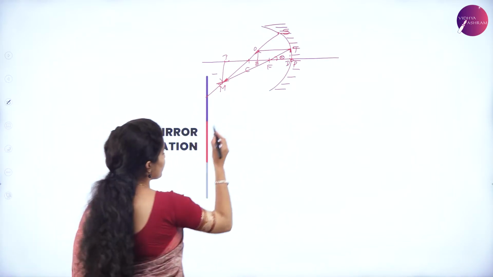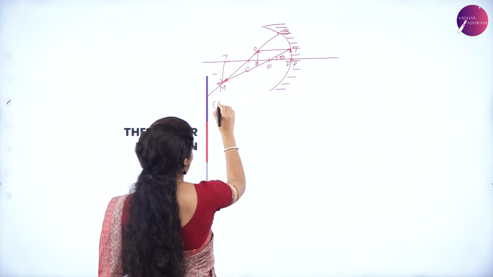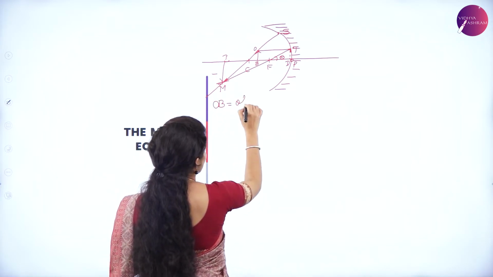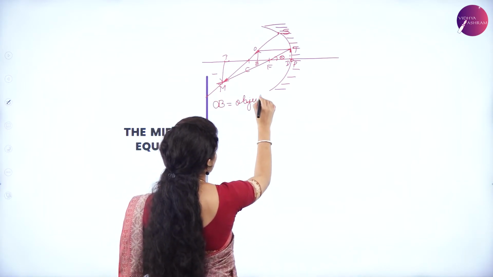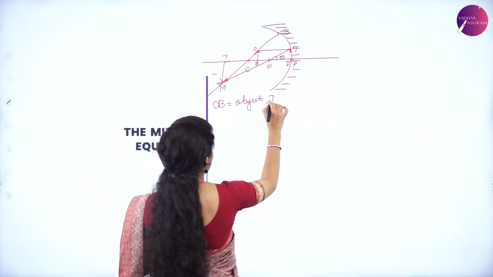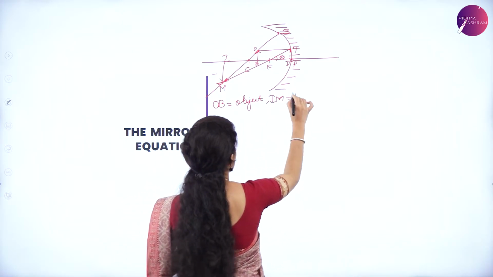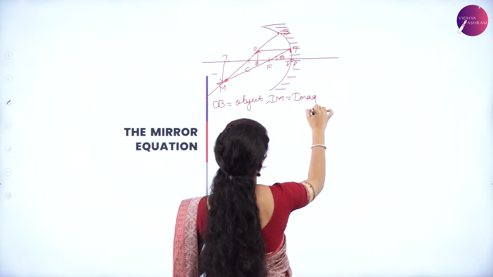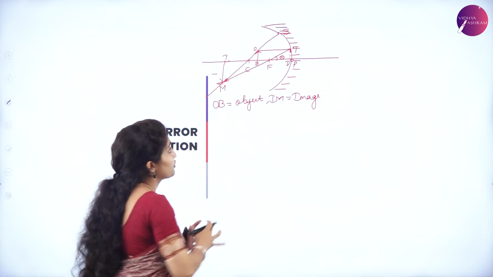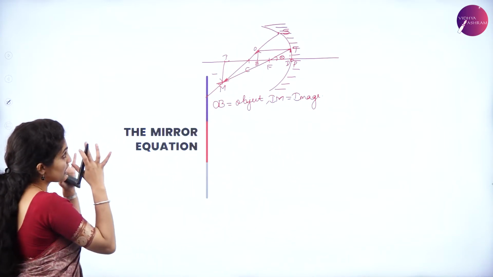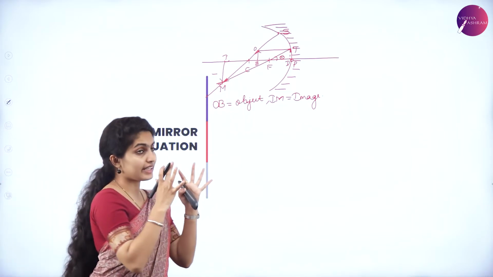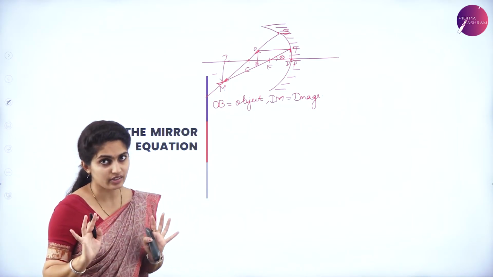So what is this set of equations we are having? OB is nothing but the object. IM means nothing but the image which is formed. So we have 2 sets of triangles over here. Let me tell you correctly which triangles we are considering.